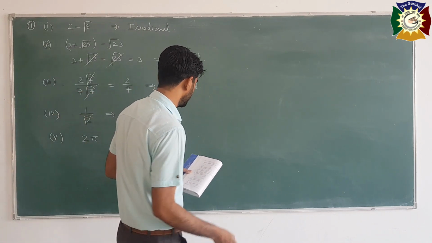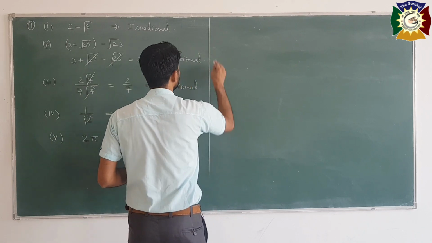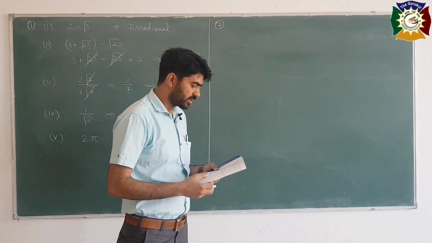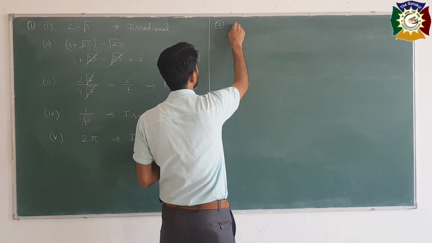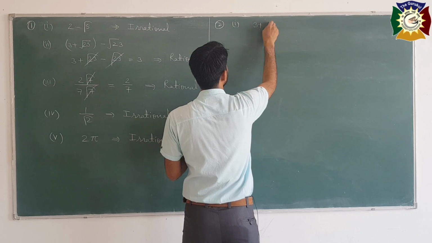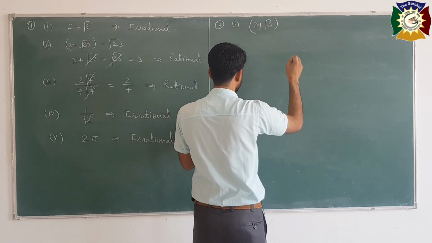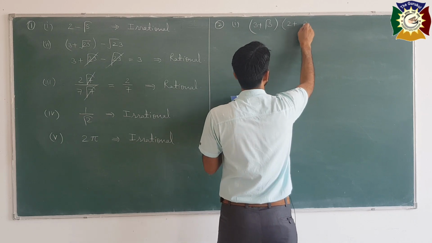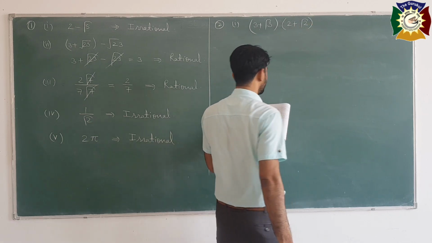Now we'll see different parts of question number 2. Question number 2 first. We have 3 plus root 3, then into bracket 2 plus root 2.